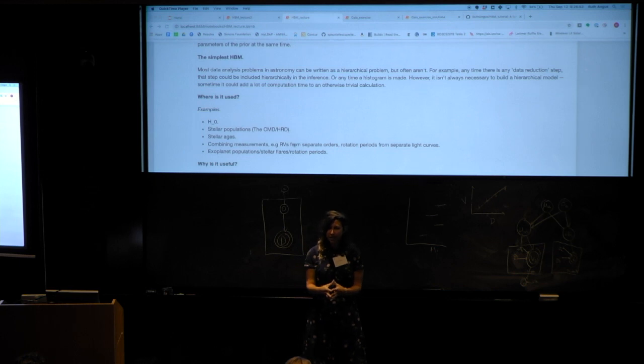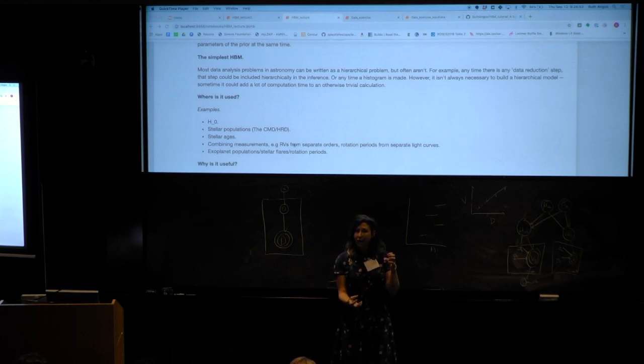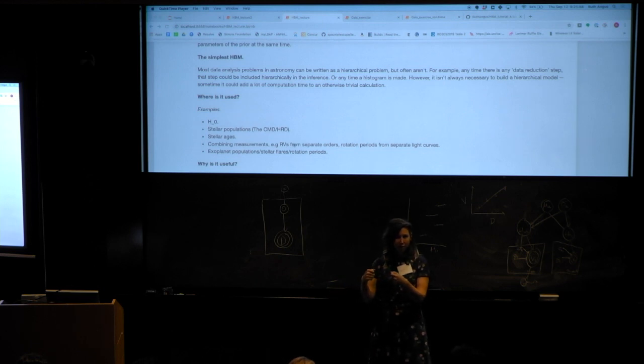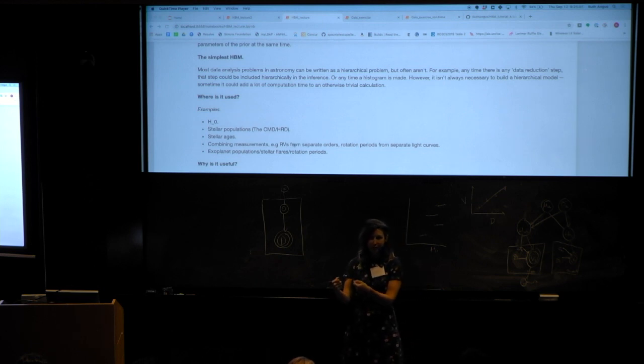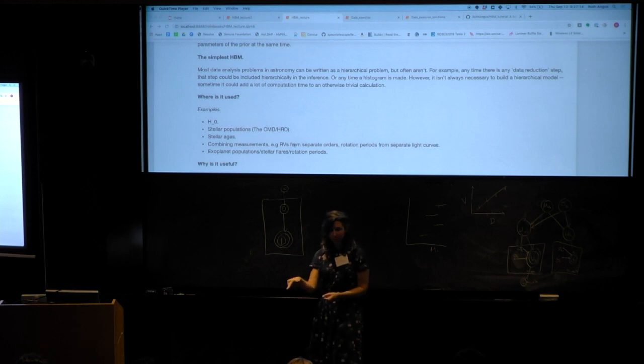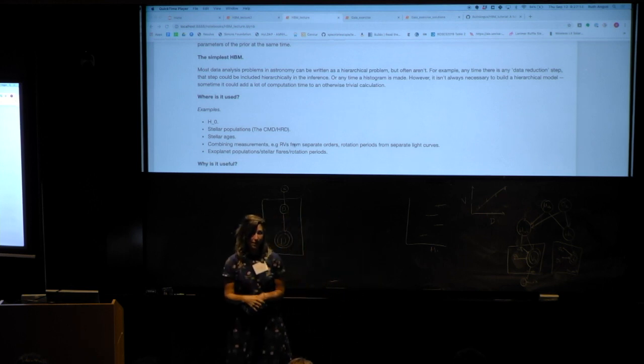So there are lots of cases where you have many individual measurements of one thing, and you think there's just one underlying physical process determining all of these things that you're measuring. And so you would just infer one of those properties rather than inferring each one at a time and then combining them at the end.